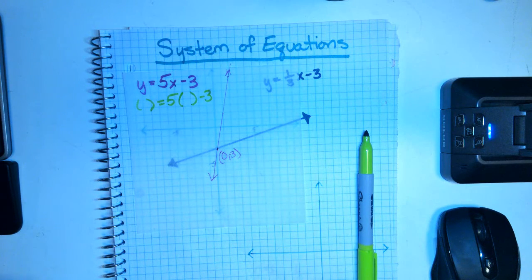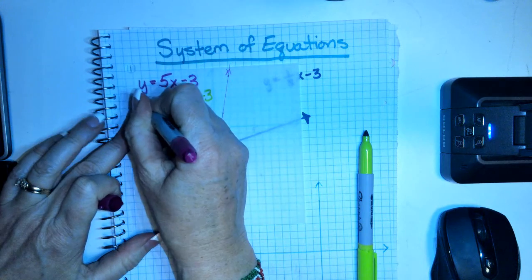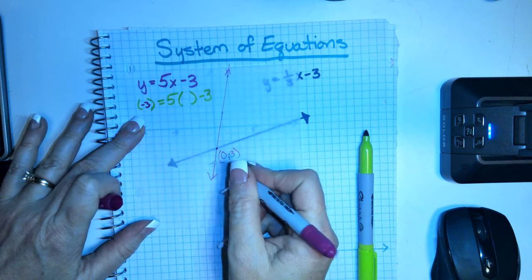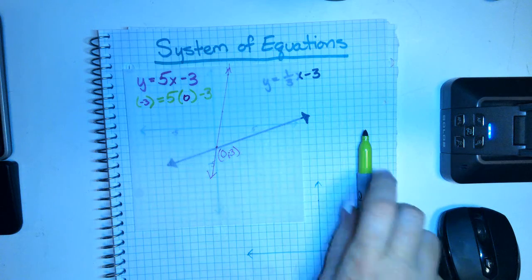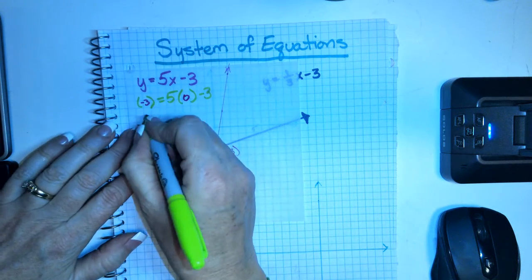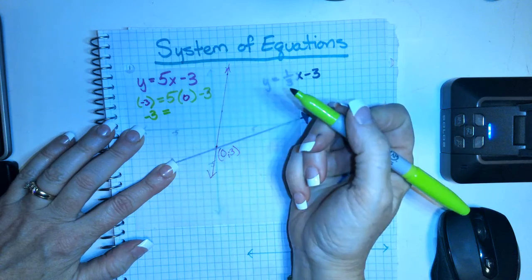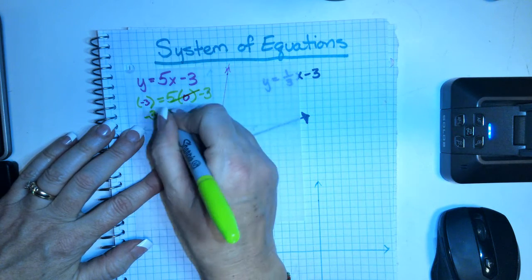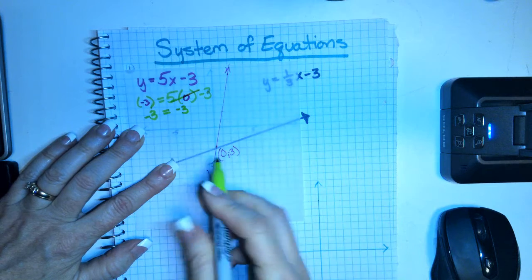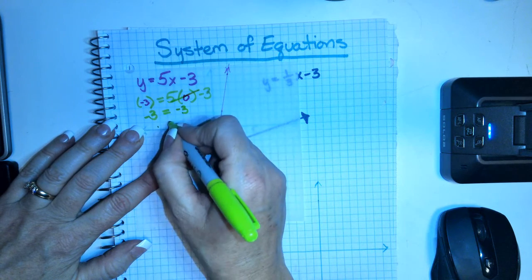And in this case, y is -3 and x is 0. So simplifying this, I have -3 equals 5 times 0, that's just 0. So then I have left -3. Does -3 equal -3? I certainly hope so.